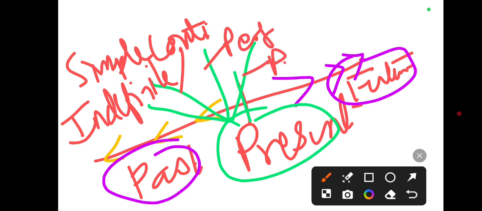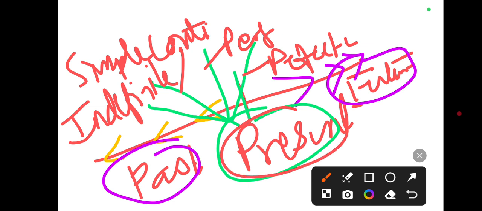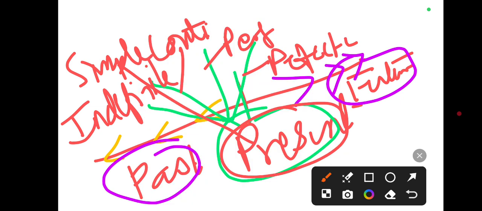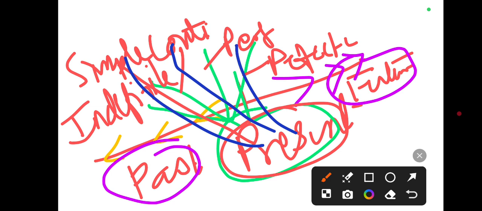Number four, perfect continuous. Right? So this way we will learn present. Simple present, then present continuous, then present perfect, then present perfect continuous.